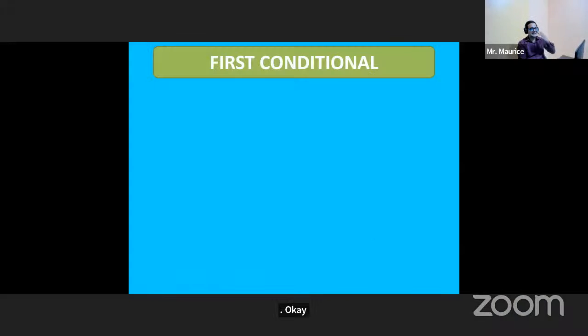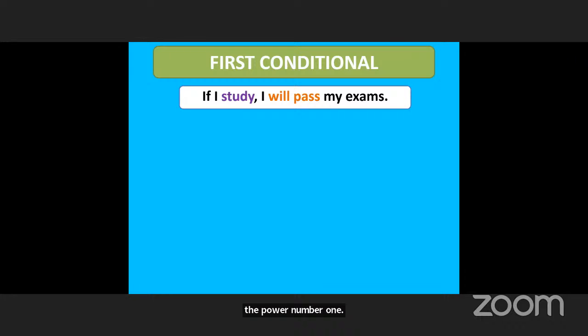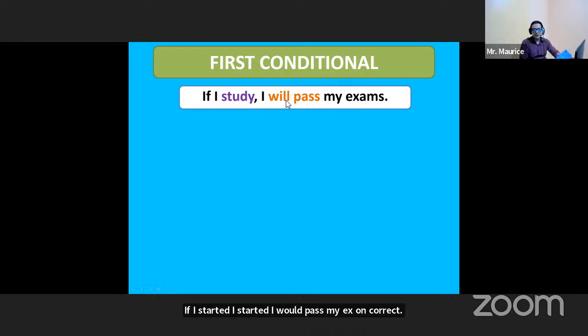Okay, so this is the first conditional form. Let's see part number 1. Nestor, could you please read this for me? If I study, I will pass my exam. Correct, thank you. Hector, read the second one.